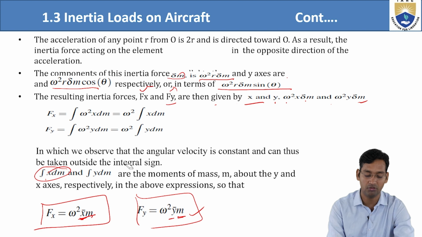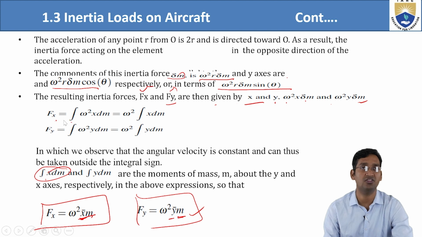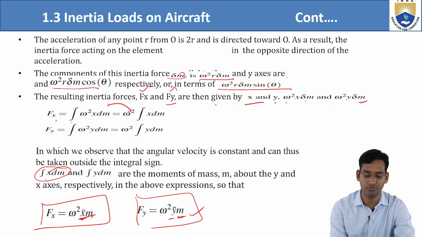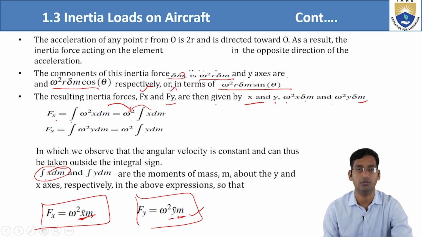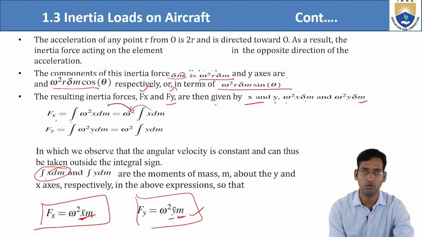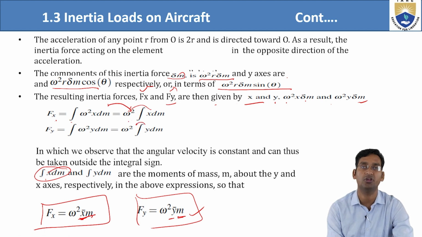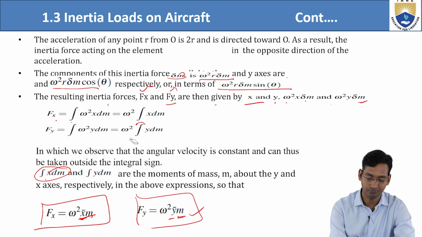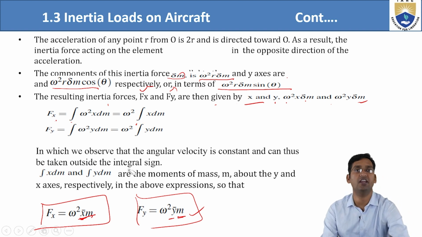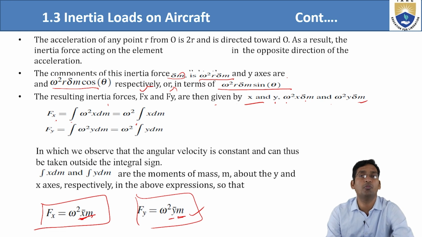Now to find the total, just integrate it. So Fx is equal to the integral of omega square x dm. Omega is constant, so take it out of the integration: omega square into the integral of x dm. Similarly for Fy, the integral of omega square y dm, so omega square out, omega square into the integral of y dm. Now the integral of x dm and y dm is the moment of mass.